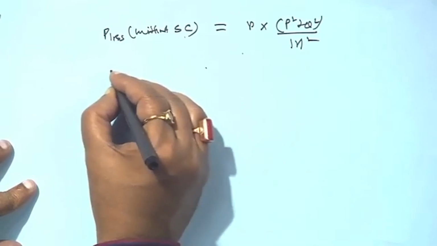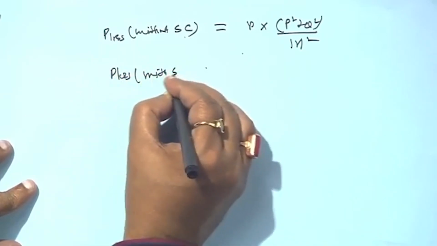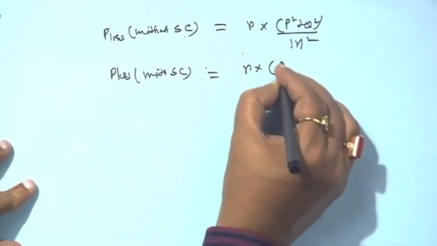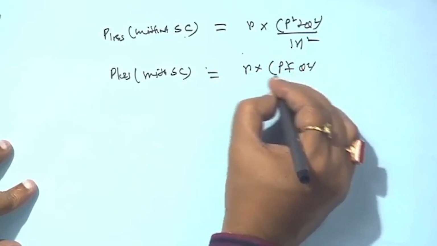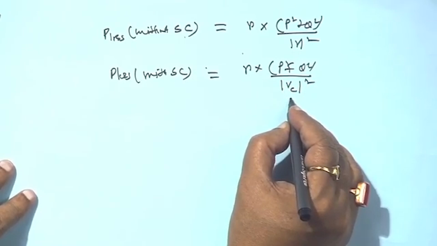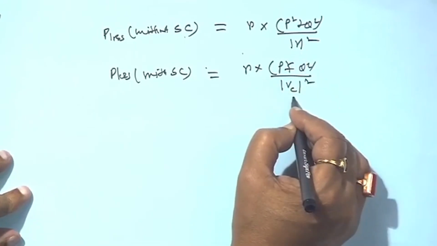Similarly, P loss with series capacitor: R into P square plus Q square upon, due to the capacitor voltage, now we are calling it Vc, the same node but Vc instead of V.